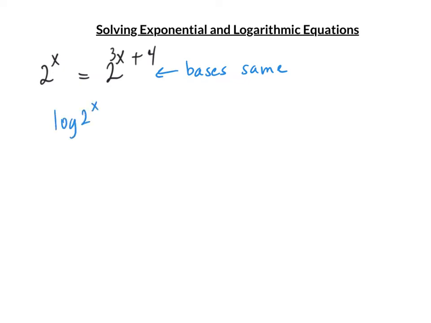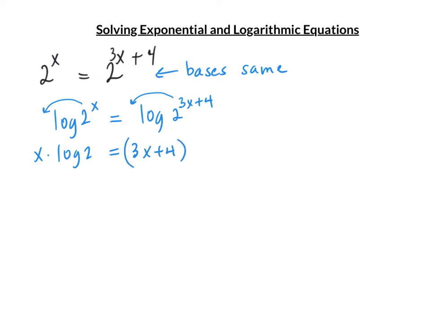The log of 2 to the x equals the log of 2 to the 3x plus 4. We could use our log rules to move the exponent down in front. We'd have x times the log of 2 equals (3x plus 4) times the log of 2.